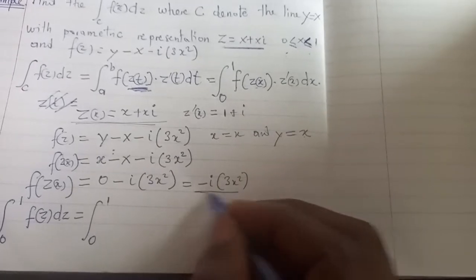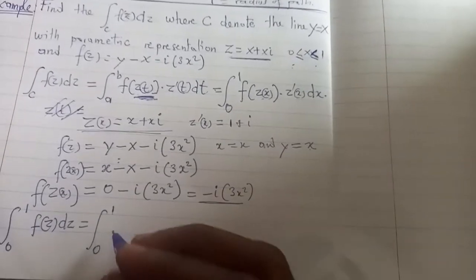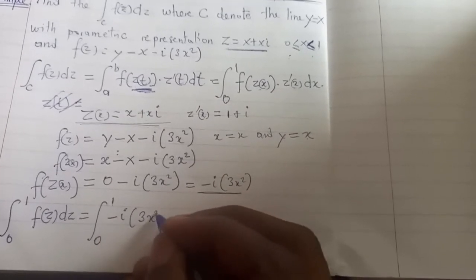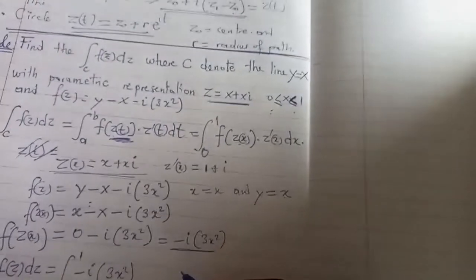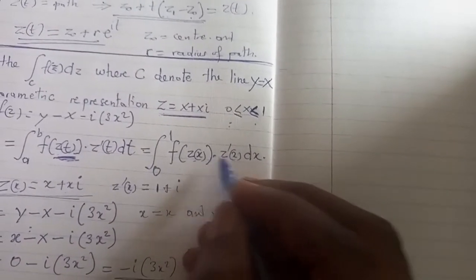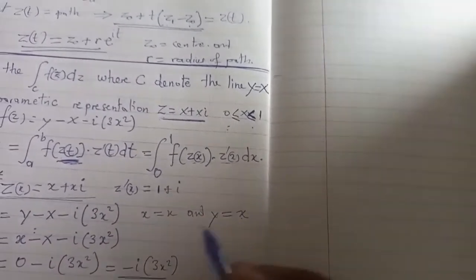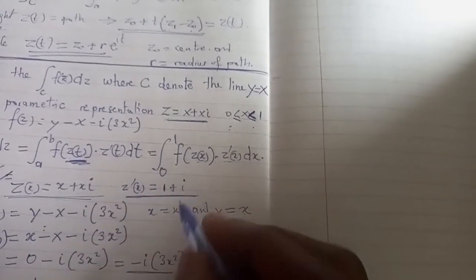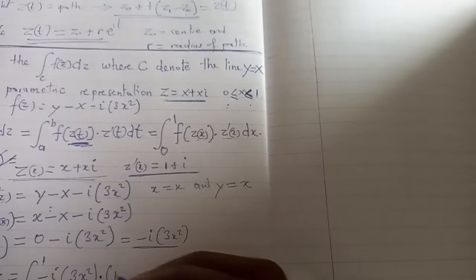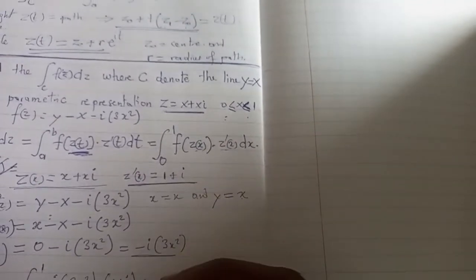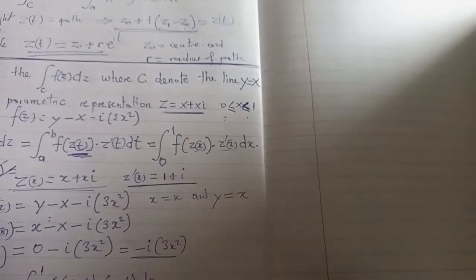So you replace it here, and we'll be having minus i into bracket 3x squared. Now we continue the formula. Here it is multiplied by the derivative, which we've already found here. That is multiplied by 1 plus i, dx.